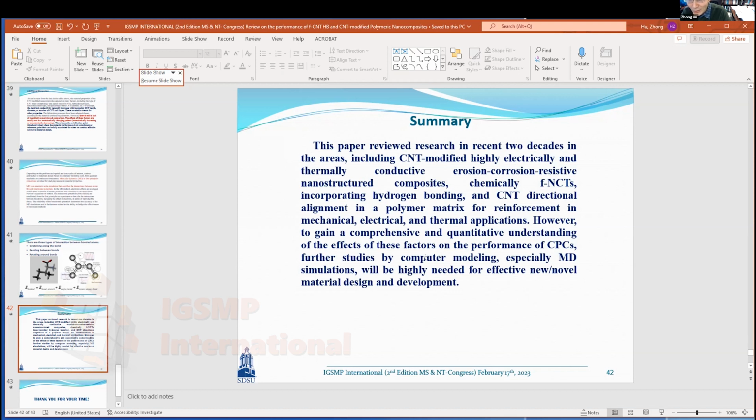And of course, in the future, we have to consider computer modeling to look into the details of the effect of the parameters and factors on the material property. The purpose is the effective design of new or novel materials in the future. Thanks for your time, and maybe questions.